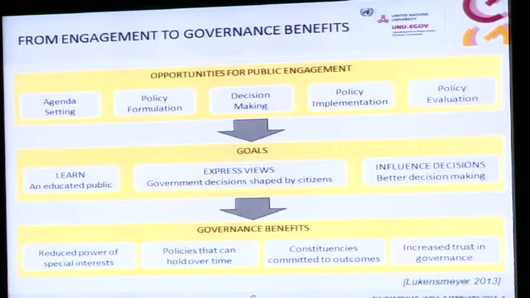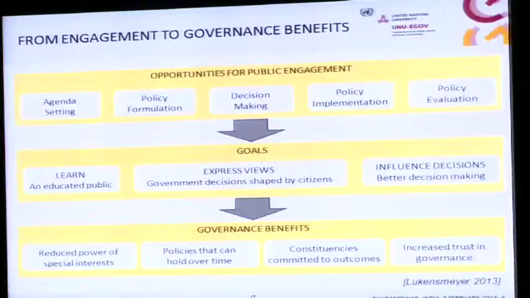So, when we try to understand what are the ultimate goals of citizen participation, this is a nice graph that shows what are the ultimate benefits. First of all, we see where we can engage citizens through the different stages of public policy.